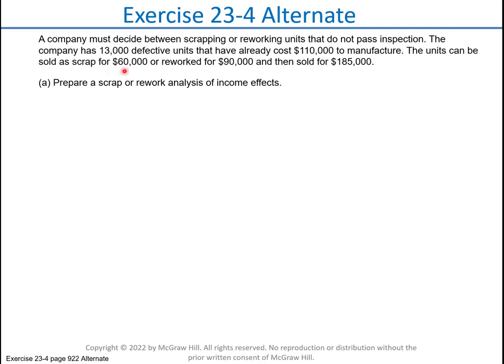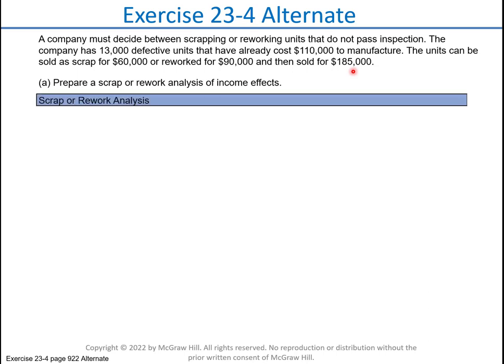The units can be sold right now as defective units for 60,000, or they can rework them at an additional cost of 90,000 and then sell them for 185,000. So what should they do? The revenue, if they sell them right now, is 60,000, no additional cost.